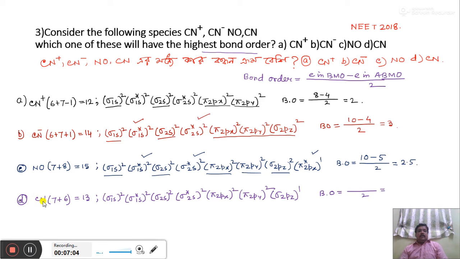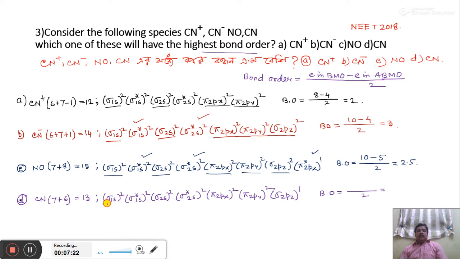In case of CN, total electrons present is 13, so its electronic configuration is sigma 1s2, sigma star 1s2, sigma 2s2, sigma star 2s2, pi 2px2, pi 2py2, sigma 2pz1.